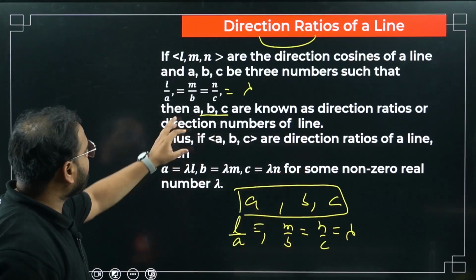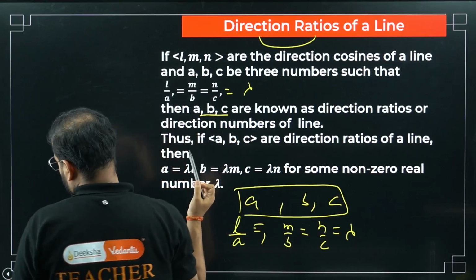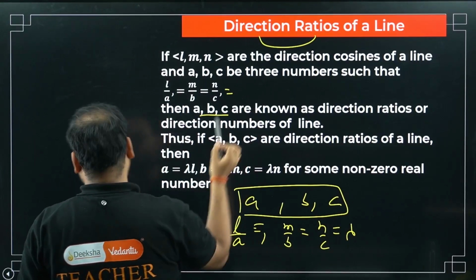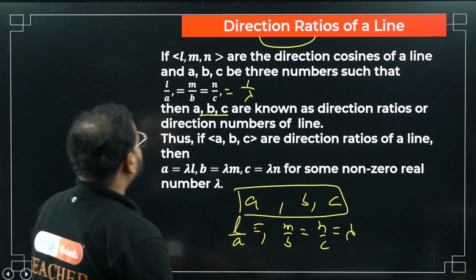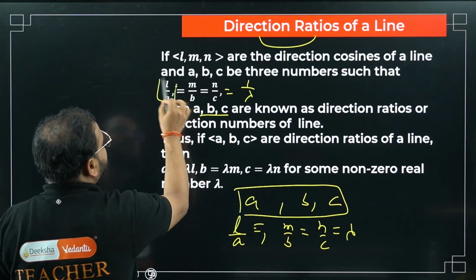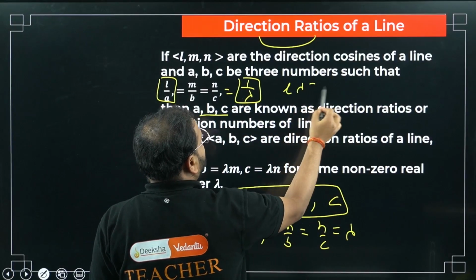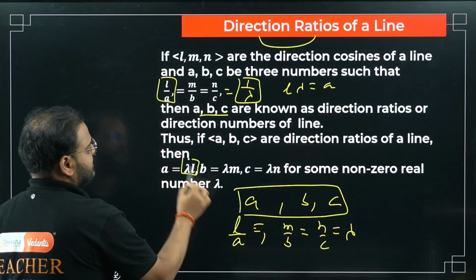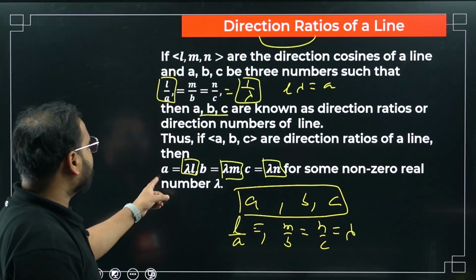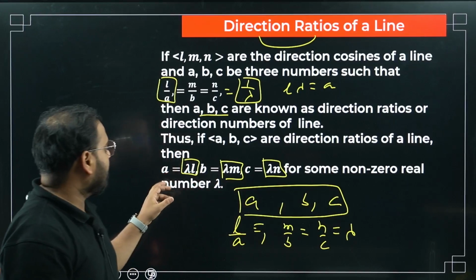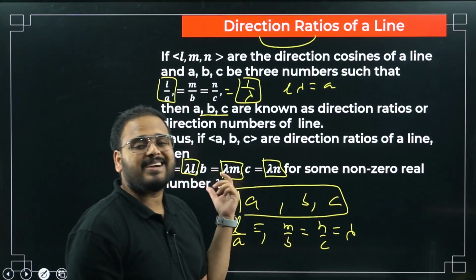Now one more thing, if you cross multiply this, you're going to get what? Lambda is a constant, so I can take it to be 1 by lambda also, correct? If you cross multiply, you get lambda times L equals A, same way lambda M, same way lambda N. So this is the way to write the direction ratios with respect to direction cosines, with the constant lambda known.